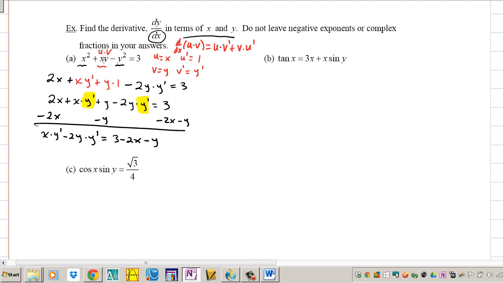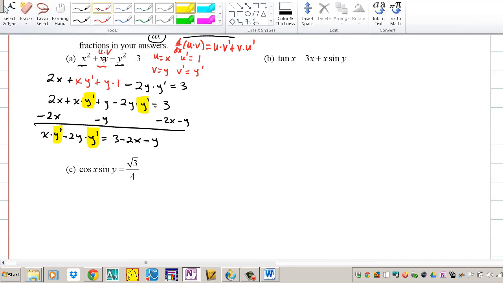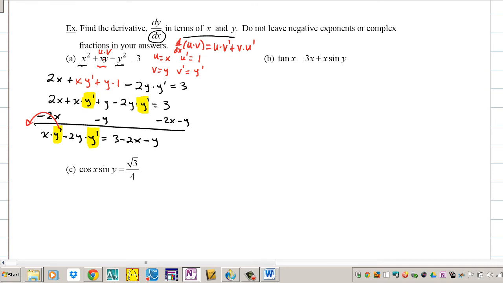Okay, so let me highlight these terms again, because sometimes we can get so lost in our computations. So now that I have y primes on one side and non-y primes on the other side, I can factor out the y primes, which gives me y prime times x minus 2y, equals 3 minus 2x minus y.